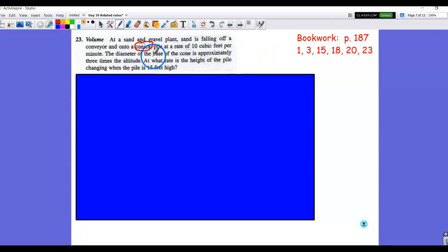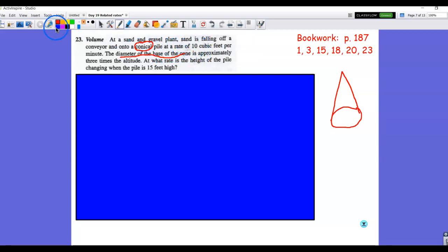The diameter of the base of the cone, all right, so let's get a diagram going here. So we've got sand falling and it's creating a cone. So it starts falling on the ground and then it starts building a cone. Maybe it looks something like that. So there's my cone, falling off at a rate.